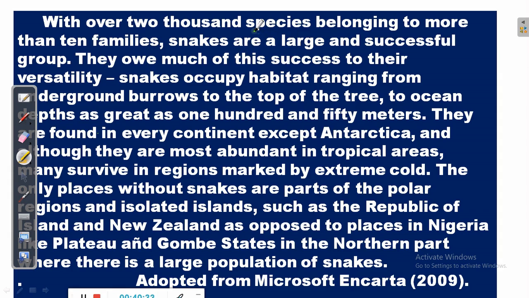And that has to do with their having over 2,000 species belonging to more than 10 families. This could be their versatility in terms of, yes, if they have species, it has to do with reproduction.